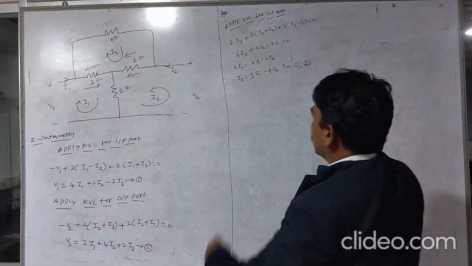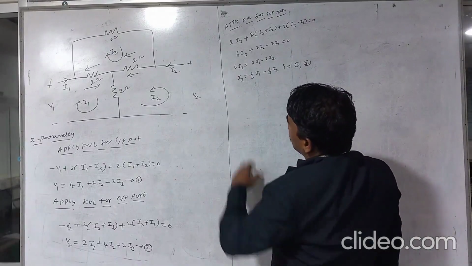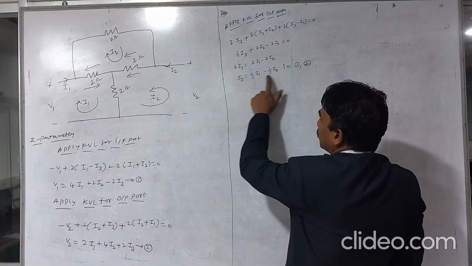So it denotes that you can represent I3 in terms of I1 as well as I2.